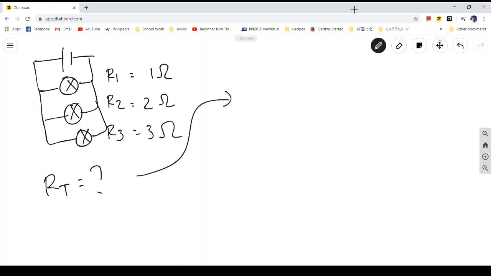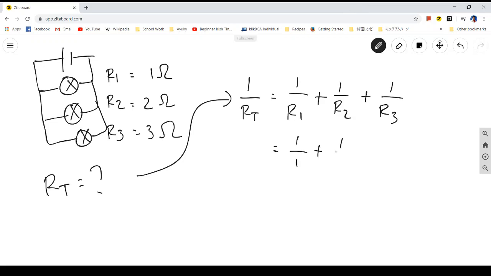Now, we are tasked to find the total or the equivalent resistance. Alright, so we can just use the same formula, which is 1 over RT. But this time we have 3 terms, since we have 3 resistors. 1 over R1 plus 1 over R2 plus 1 over R3. Okay, so R1 is 1 ohm, R2 is 2 ohms, and R3 is 3 ohms. So we can normalize all the denominator into 6. 1 over 1 is 6 over 6. 1 over 2 is 3 over 6. 1 over 3 is 2 over 6.